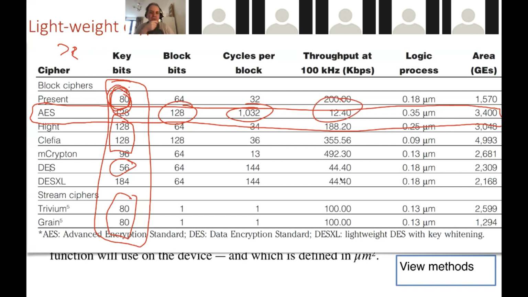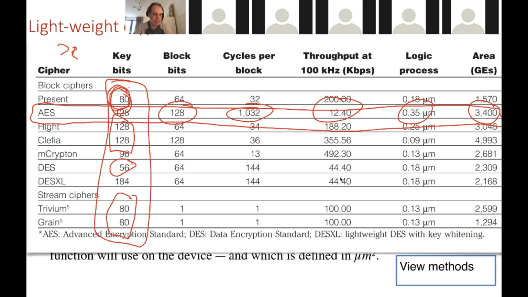And the actual throughput of it is actually very low. It's quite inefficient. It's taken security to the max, but it doesn't bother that much about performance and so on. And it's taken up quite a large area on a chip with lots of gates. Over 3,000 of these logic gates are required to build it.